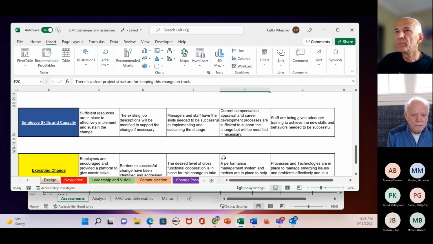So the next one is employee skills and capacity. Sufficient resources are in place to effectively implement and sustain the change. The existing job descriptions will be modified to support the change if necessary.